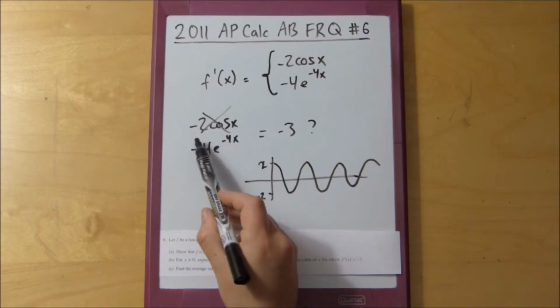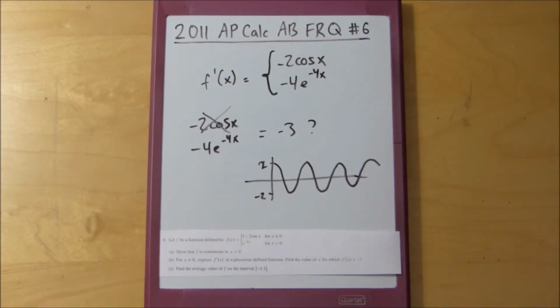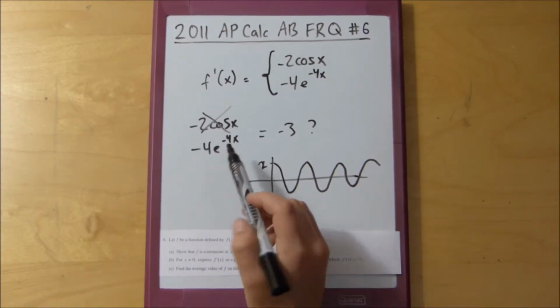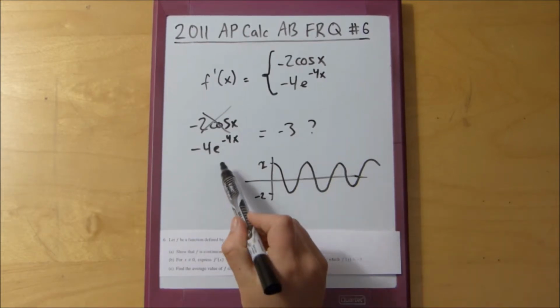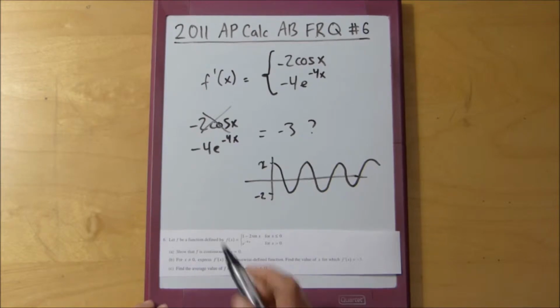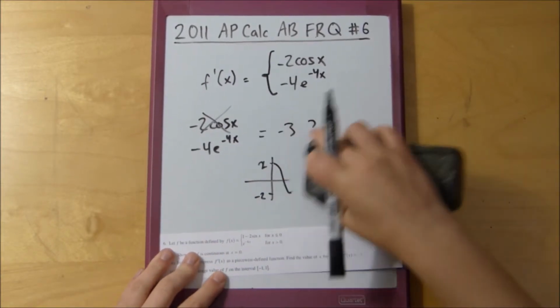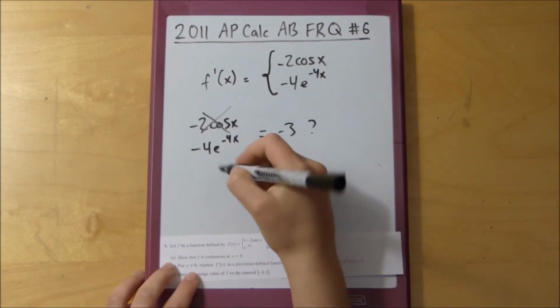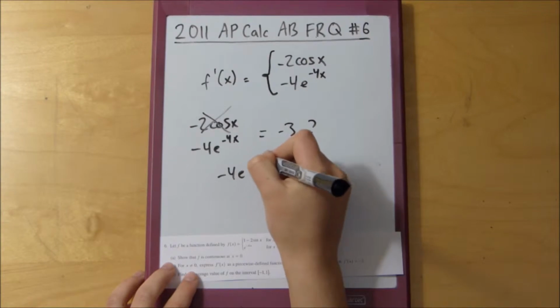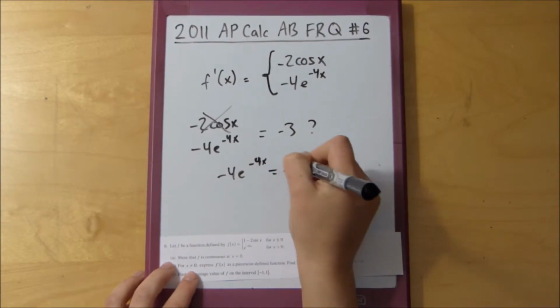If this had been a negative 3 out front, then there was a possibility. But since it can't possibly equal negative 3, we can get that out, and then we can figure out when negative 4 times e to the negative 4x equals negative 3. So what we do is we just solve for this x. So e to the negative 4x equals negative 3 over negative 4.